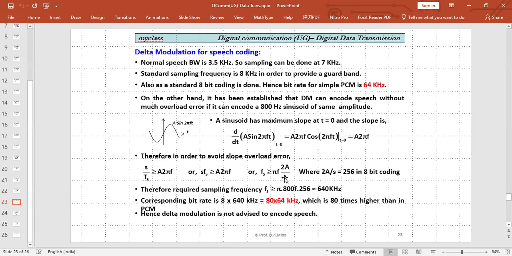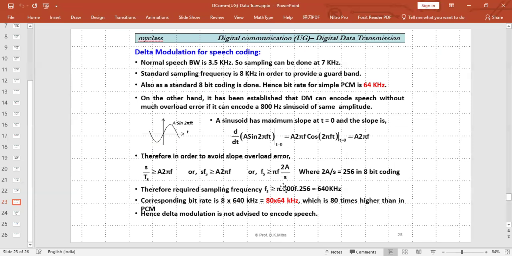And in 8-bit coding, 2 to the power 8 is 256. So 2A by s is actually the number of steps in the whole range. So in 8-bit coding, 2 to the power 8 is 256. So total number of steps is 256. So Fs should be more than pi into f, and f is 800 hertz.